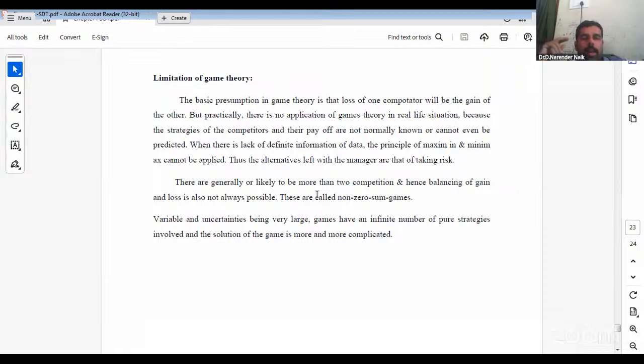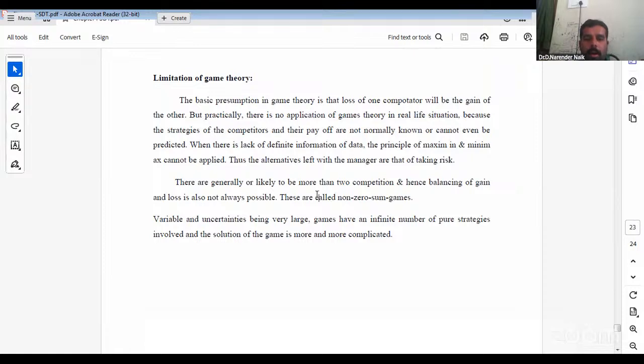When there is a lack of definite information or data, the principle of maximin and minimax cannot be applied. Thus, the alternative left with the manager is taking risk. There are generally likely to be more than two competitors, and hence balancing of gain and loss is not always possible.